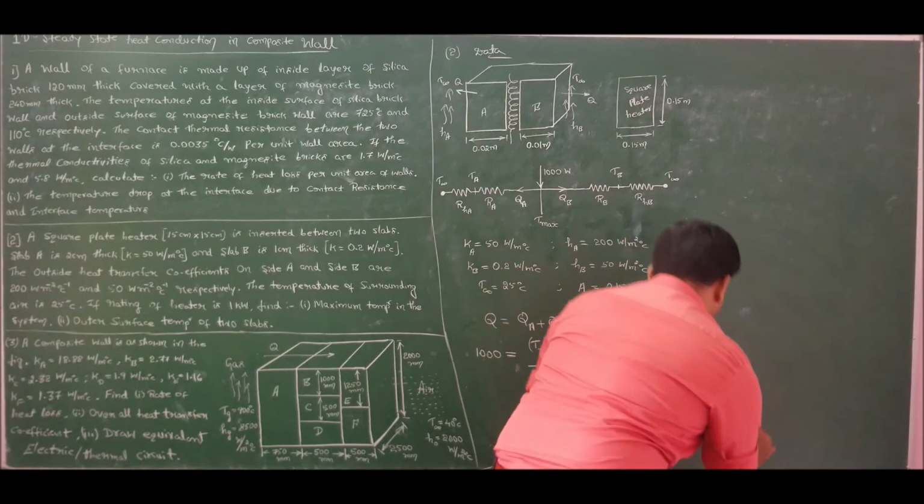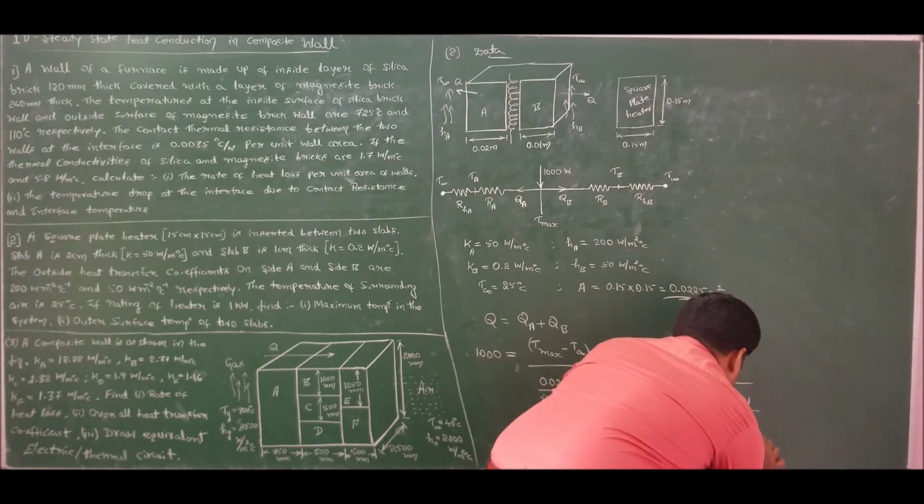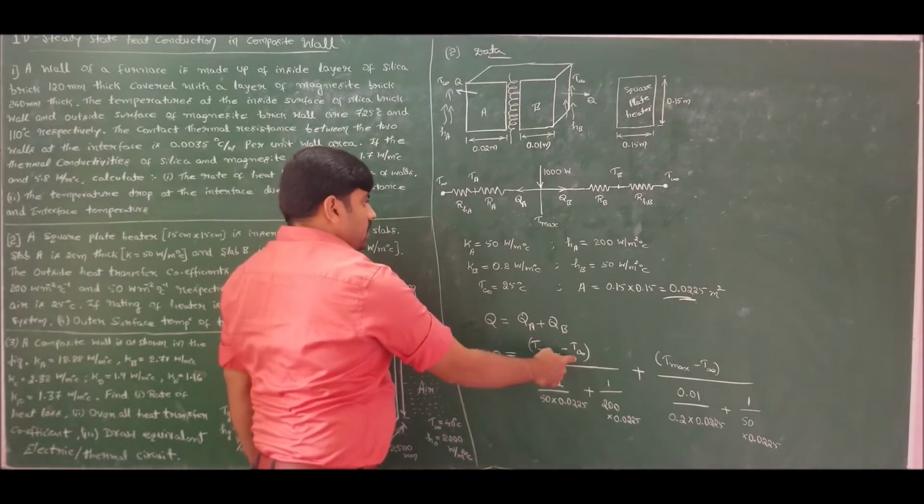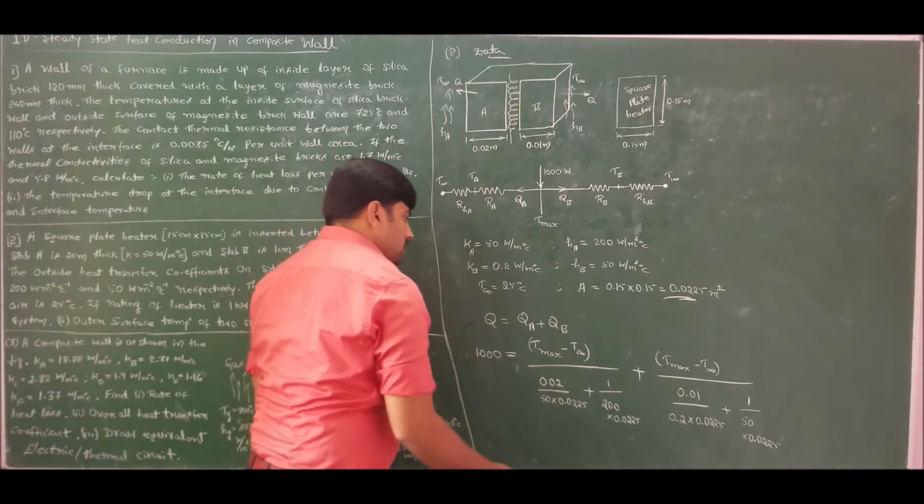HB is given as 50 times area 0.0225. So in this equation we know the value of T infinity, which is 25. The only unknown is T max.